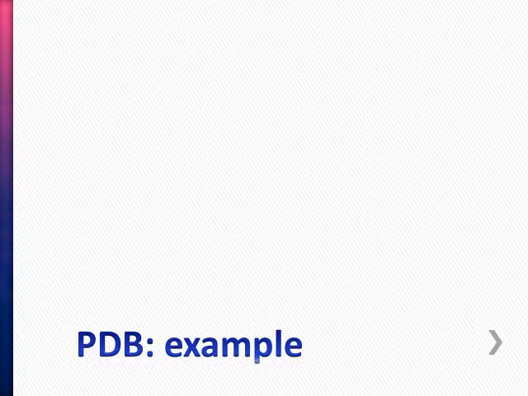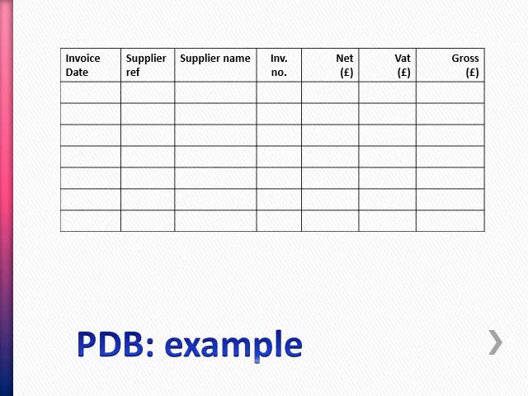So let's have a look at an example of a Purchase Daybook. Here I've got a table where we've recorded invoice date, supplier reference, supplier name, the invoice number, and columns for the net amount, the VAT amount, and the gross amount taken from our individual invoices.